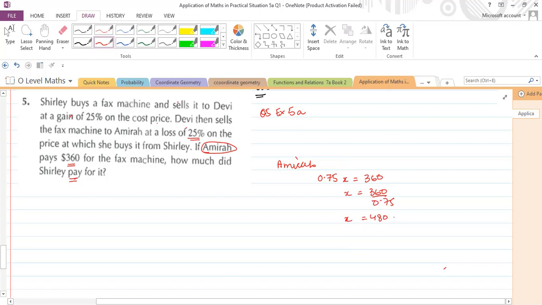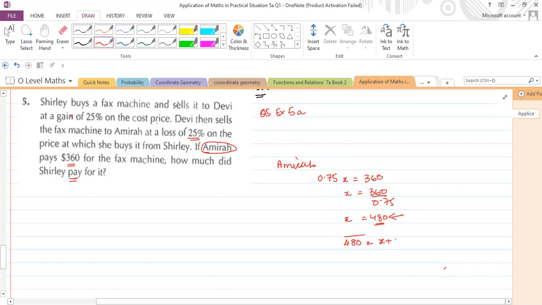It means that the selling price for Shirley was this when she sold the object to Devi. Thus, let's see what the cost price was for Shirley. If this was the selling price for Shirley, what was the cost price?